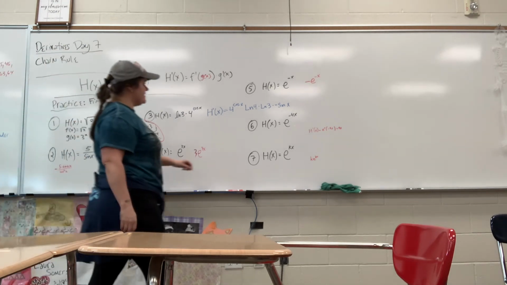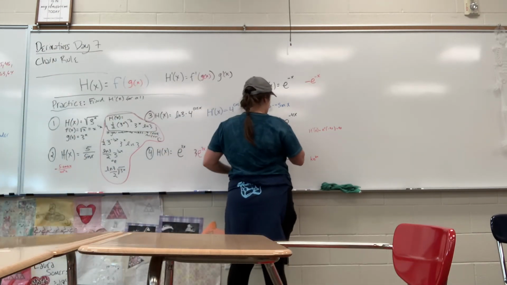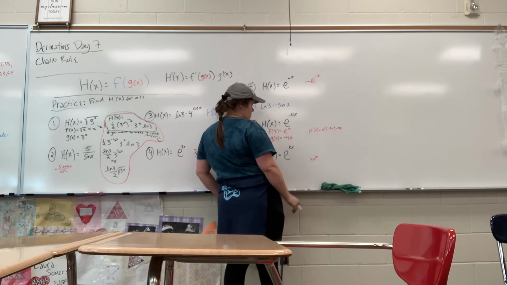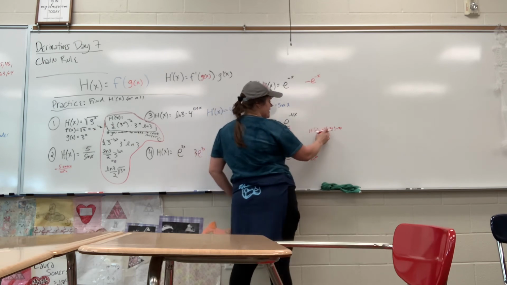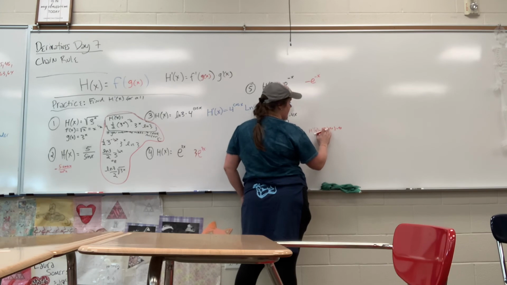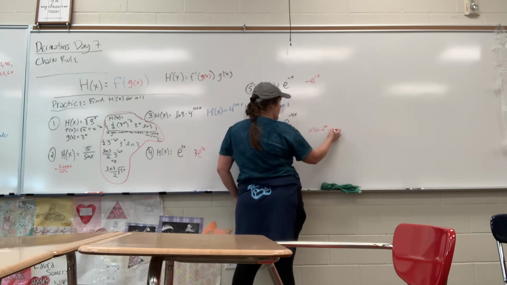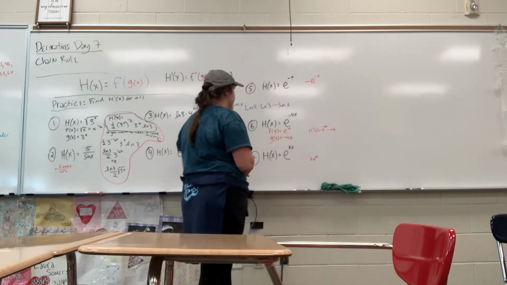On this one, my f of x is e to x, my g of x is negative 4x, right? So f prime, this should be plugged into it. And then times g prime, so times negative 4. Yeah, that's what we got.